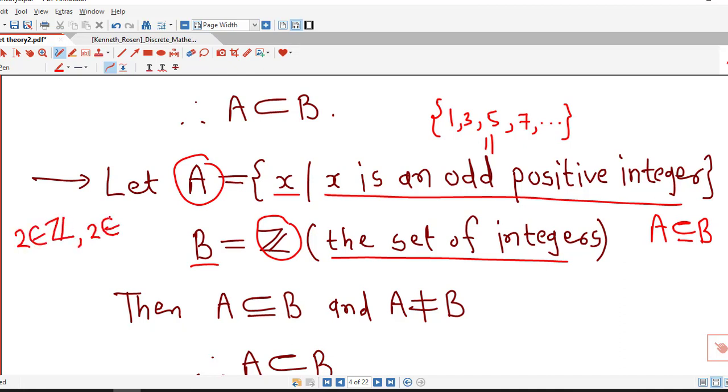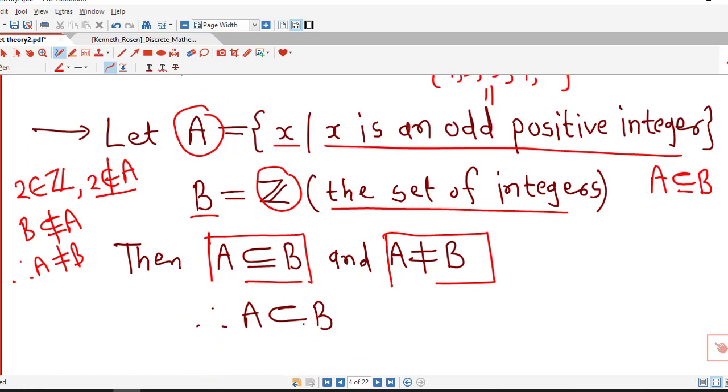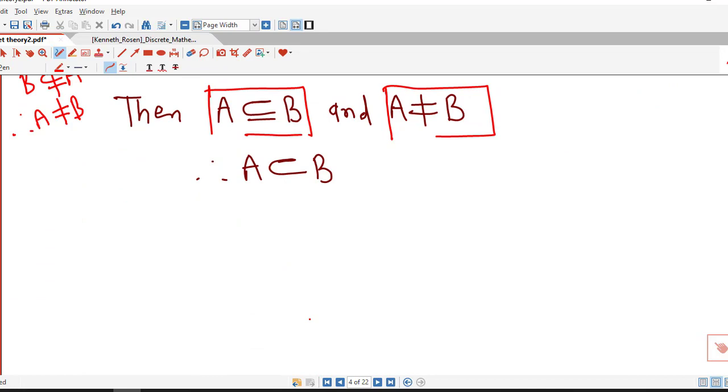So 2 belongs to Z. But 2 is not an odd positive integer. So 2 is not in A. So B is not a subset of A. And therefore A and B are not equal. So it is clear that A is subset of B and A and B are not equal. Therefore A is a proper subset of B.